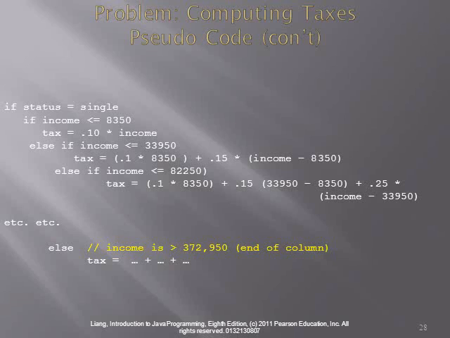Add this code to your program and test it, right? Don't try to test computing the taxes for all statuses at the same time. You'll have too many mistakes. You won't understand where your errors are. Test status. Test each increment of income and compute those things manually.